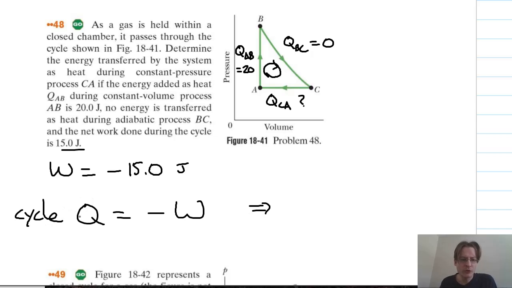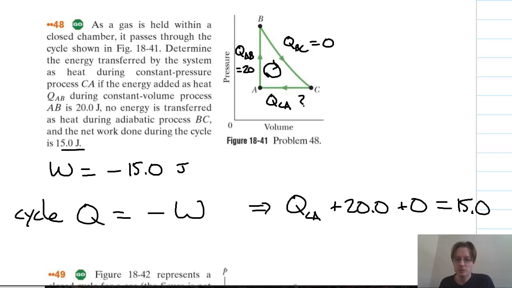So in other words, the total amount of Q, that's QCA that I'm trying to find, plus QAB, which is 20, plus QBC, which is 0. That all must equal minus W, which is plus 15. In other words, QCA must be minus 5.